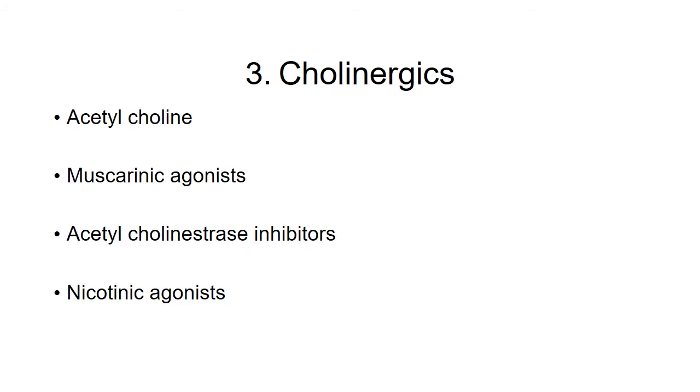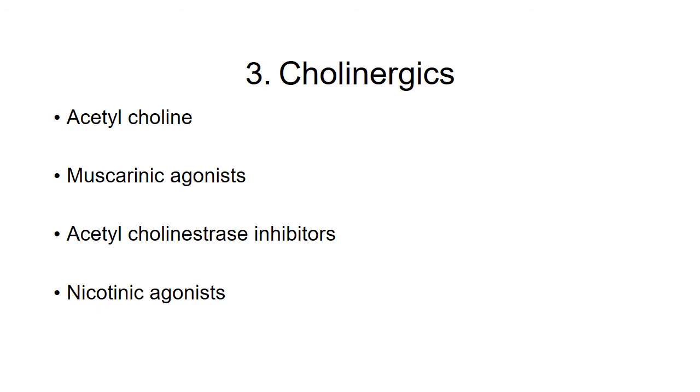Next group is cholinergics. Cholinergic drugs are drugs which have action on acetylcholine. There are two types of cholinergics. One is directly acting and other is indirectly acting.